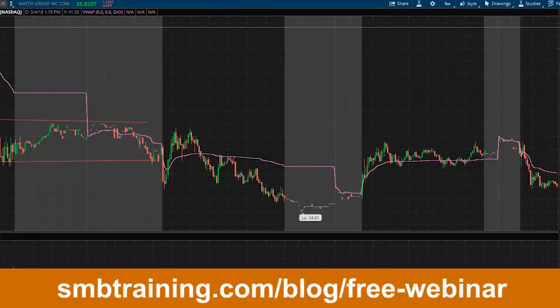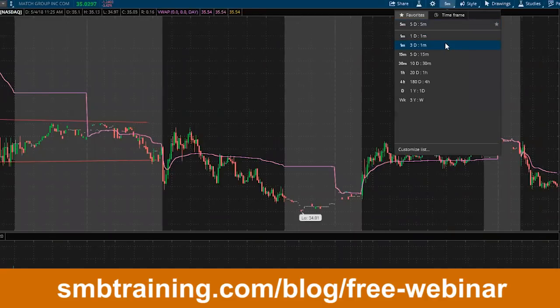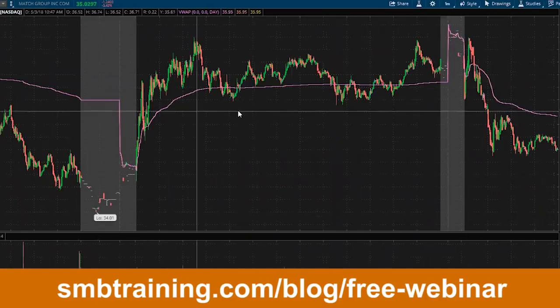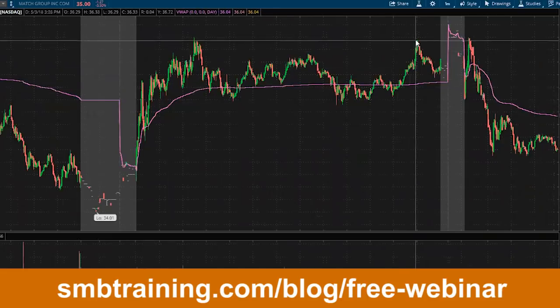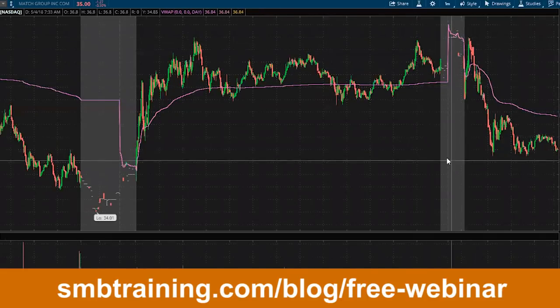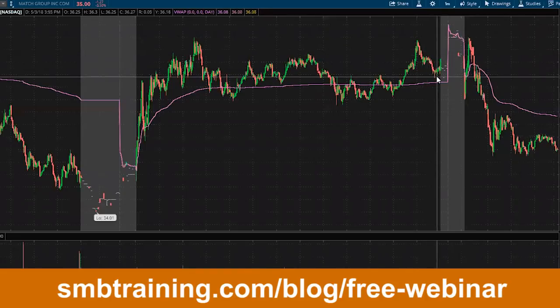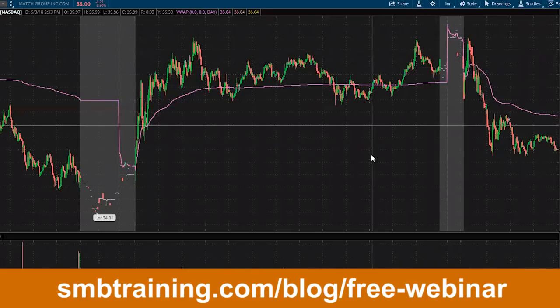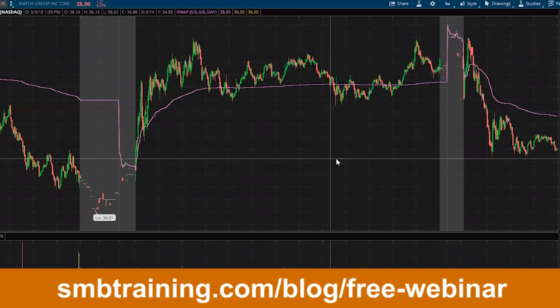One of the things that I think I need to critique myself on is, we show that 3 o'clock hour again. While it did definitely push to the upside and was showing the strength, it didn't close very well. And then in the 1:30 to 2 o'clock area, what was the market doing at that point?